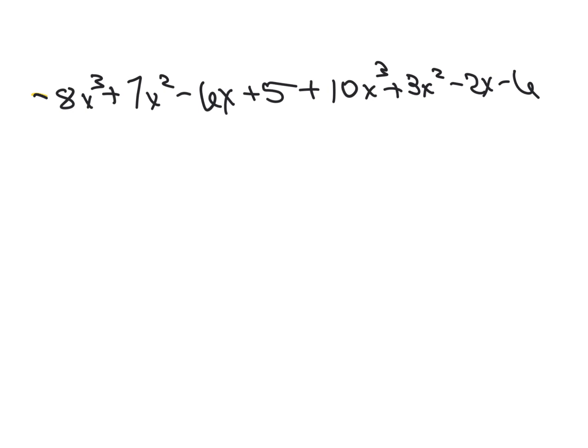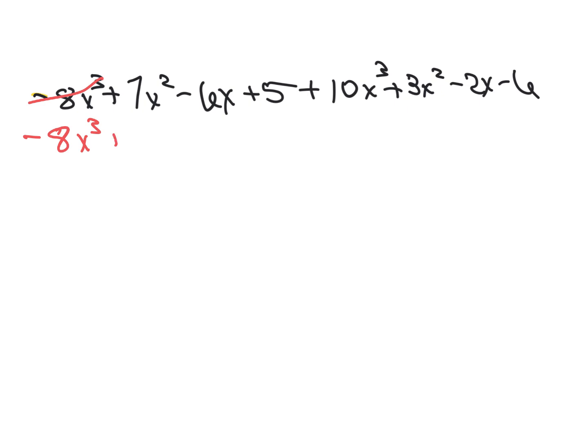Some people rewrite the whole thing and put all of the like terms together. So they'll put this one, because it's got an x cubed, and they'll put that one together, and then this one here has an x squared, this one has an x squared, etc. Some people would rather just go across and add as they go. I'm going to put them with like groups here just because it kind of keeps you from making mistakes.